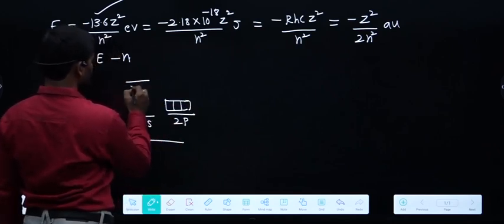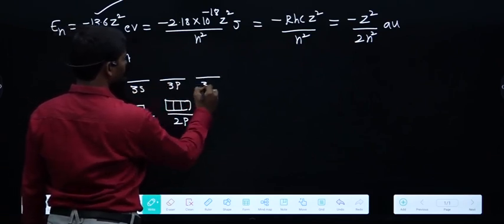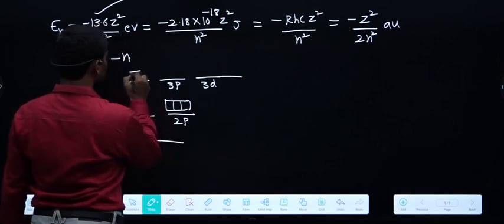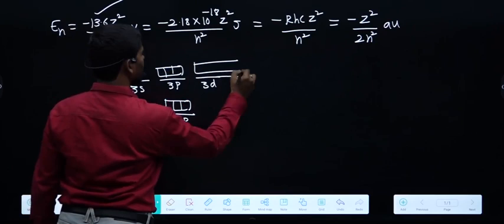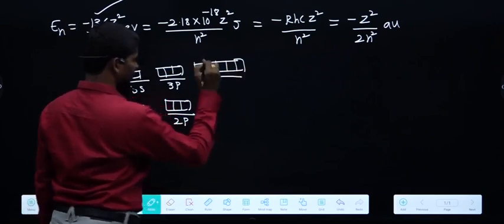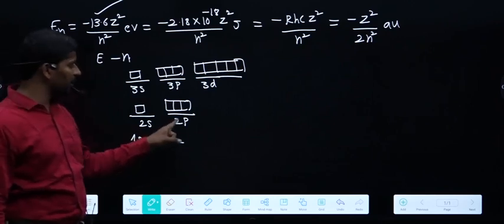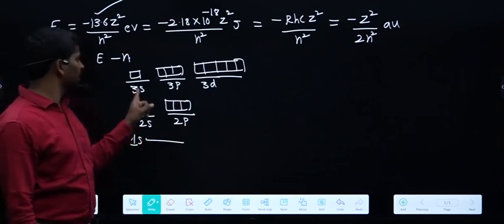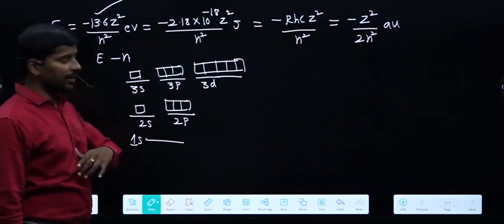In the third shell we have 3s, 3p, 3d subshells: in 3s 1 orbital, in 3p 3 orbitals, in 3d 5 orbitals. Energy depends only on n, and that's why 2s and 2p possess the same energy, and 3s, 3p, 3d possess the same energy. Energy is independent of l.